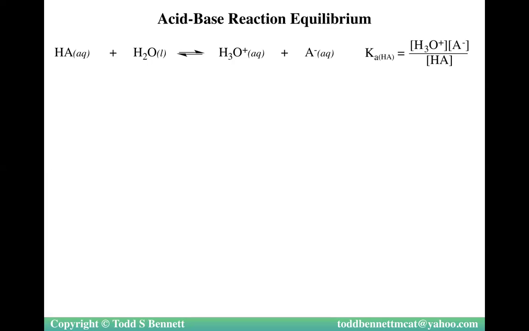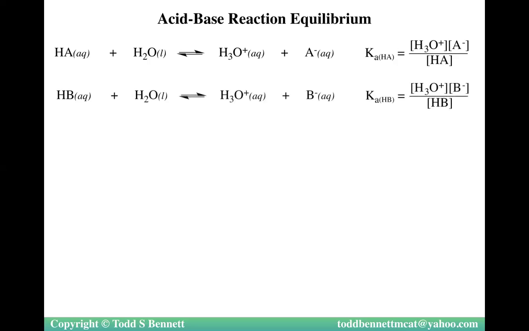We just don't deal with any particular strong acids as an organic reagent. We use them as a reactant to help organic molecules do what they need to do. But by and large, if we're talking about organic molecules, they will be weak acids. So the Ka again is H3O plus times A minus, the two products, divided by HA, the reactant, ignoring water because pure liquids, i.e. solvents, do not end up in the equilibrium expression.